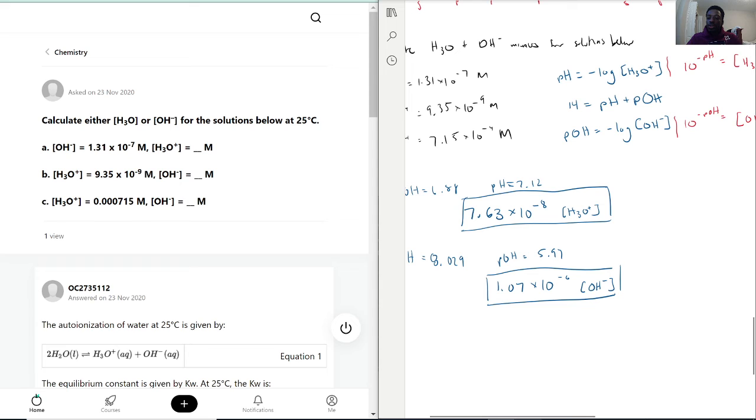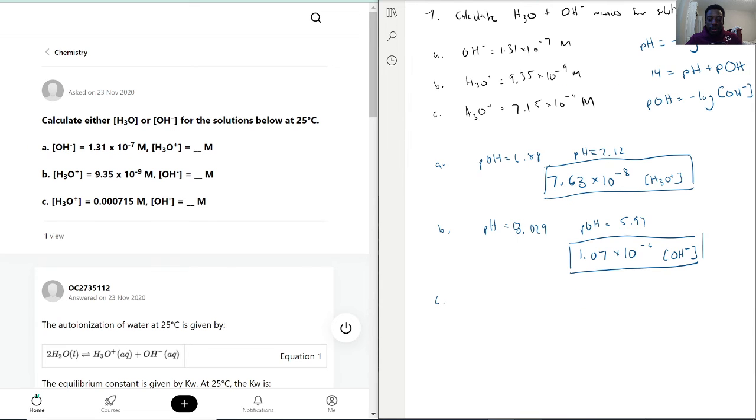So for the last one, C, we have 7.15 times 10 to the negative 4. With that being said, the pH of that would be negative log of that amount. Which makes sense because it's such a high concentration relative to the others. We have a pretty low pH. That's a lot of acidic complex.